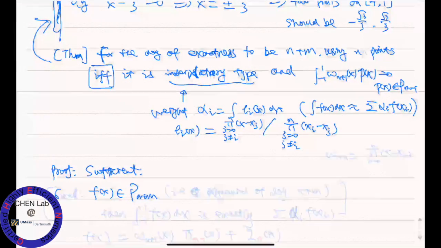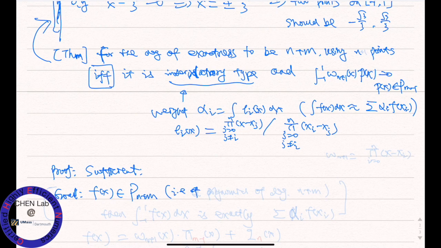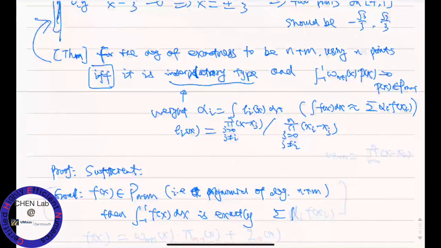So the goal is that I need to prove, for f any polynomial of degree m plus m, then my integral of f of x dx is exactly a summation of alpha i f of xi. Okay.